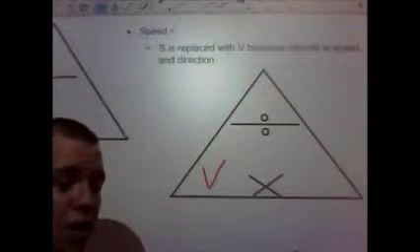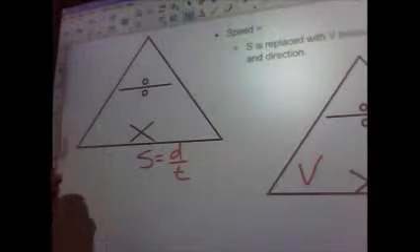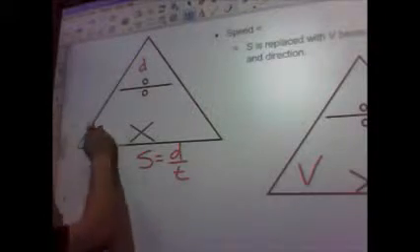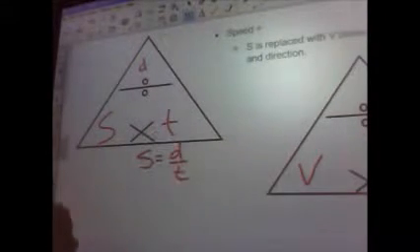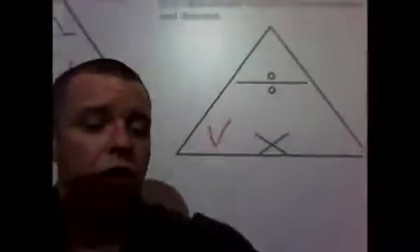So my formula for speed, if you do not remember, was speed equals distance over time. Distance always goes at the top. Speed and time go at the bottom. The formula for velocity is almost identical.